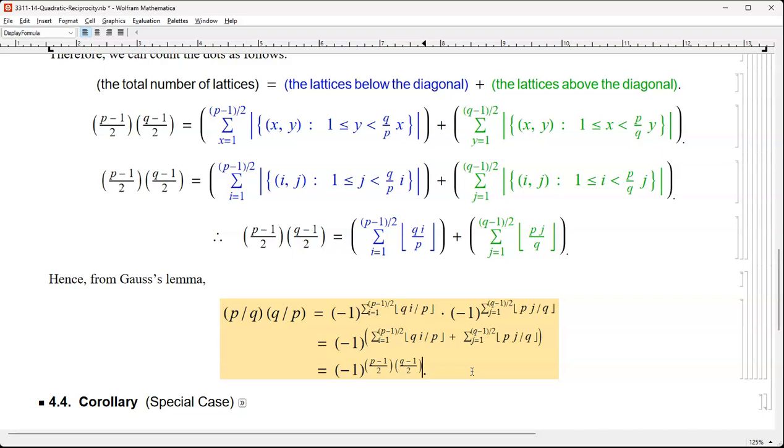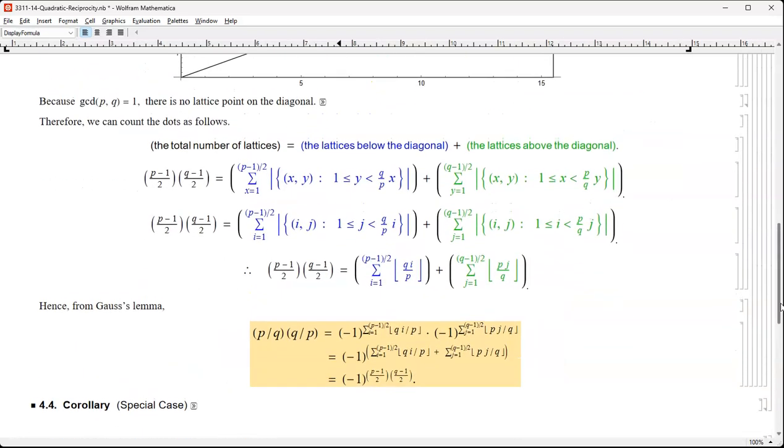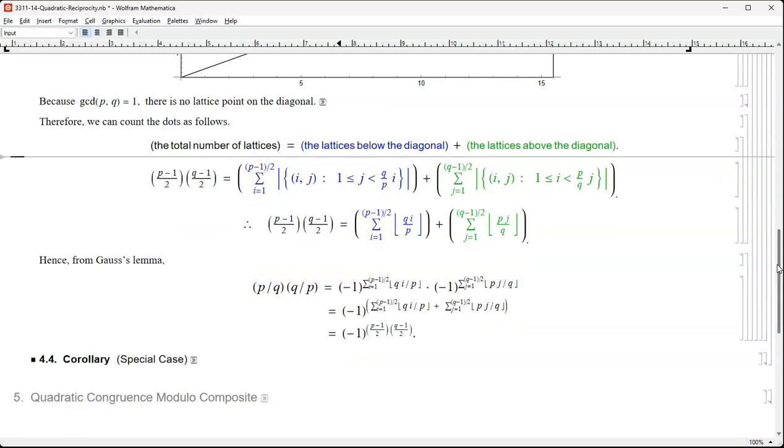Here's a proof of the quadratic reciprocity law. I don't know whether Gauss did it this way, to tell the truth. But anyway, I think anybody can see the beauty of this proof.